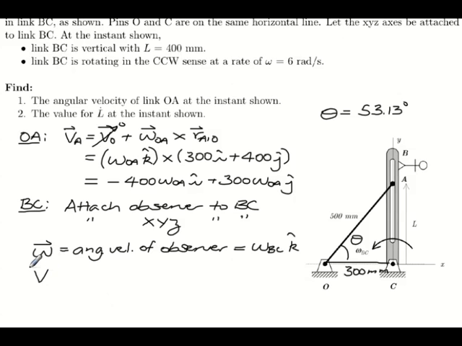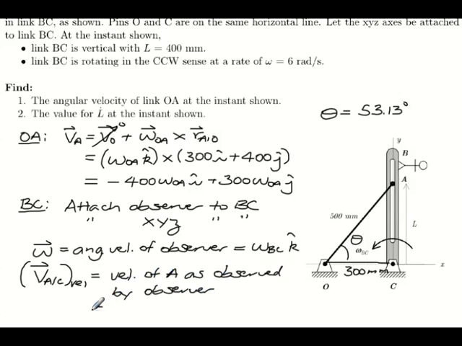And omega BC we know is a positive 6 radians per second. What's the velocity that our observer sees for A? And I'm going to eventually reference that back to C. So it's going to be the velocity of A relative to C, the velocity of A as observed by our observer.